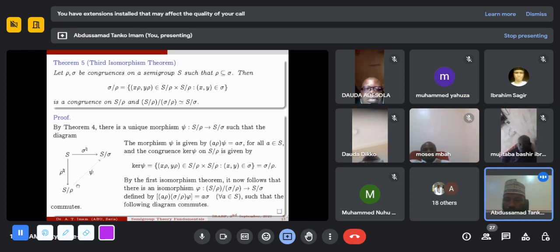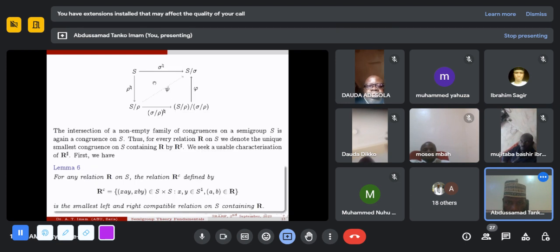And if I have that, I can apply the first isomorphism theorem to see that this particular diagram commutes, because I have a homomorphism or morphism, and then there will be the quotient semigroup of this one by the kernel of this map. And kernel of this morphism is sigma by rho. And so what we have here is a natural homomorphism sending every point here to the equivalent class it generates. And so this is the kernel.